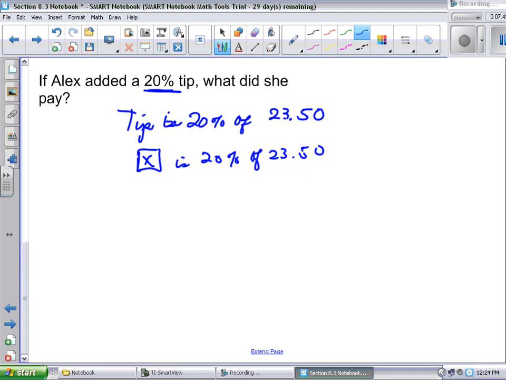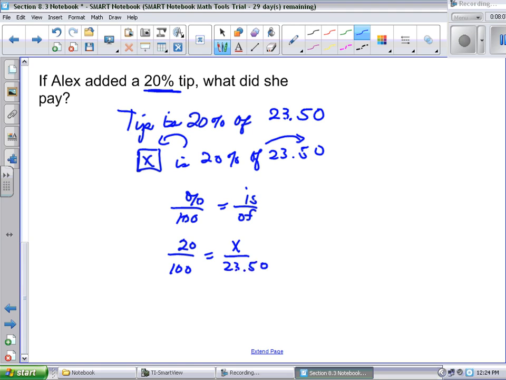And I'm going to use my proportion. Percent over 100 is equal to the is over the of. I'll have 20 over 100 is equal to, now the is what I'm looking for, that's x, and the of is the $23.50. So when I cross multiply, I will have 100x is equal to $23.50 times 20.